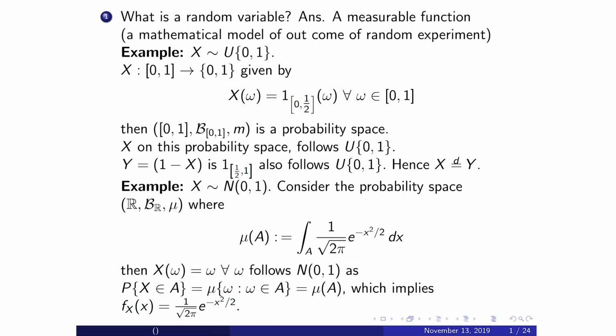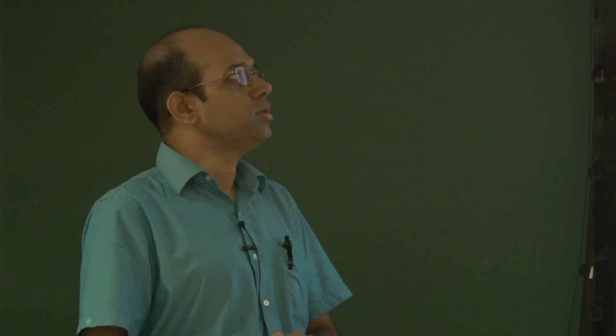However, when we talk about mathematical probability theory, then we take the mathematical model of this random variable. Random variable is of course the outcome of a random experiment, but instead of modeling what the random experiment is mathematically, we just model this outcome as a measurable function on a probability space.